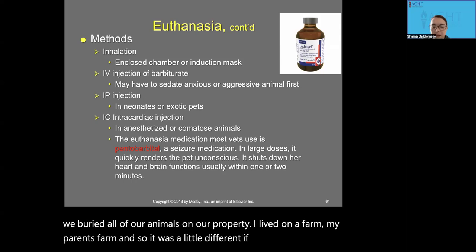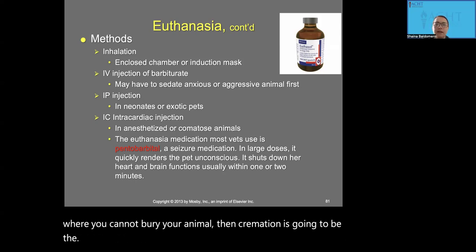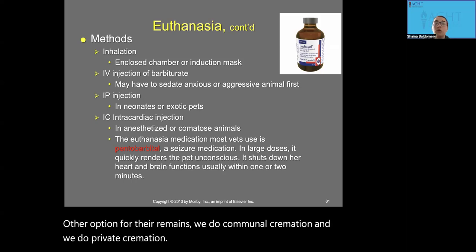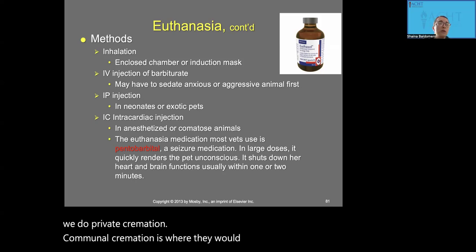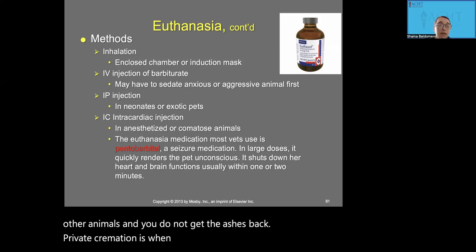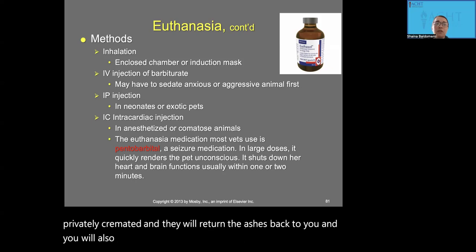If you live in a place where you cannot bury your animal, then cremation is going to be the other option for their remains. We do communal cremation and we do private cremation. Communal cremation is where they would just get cremated with other animals and you do not get the ashes back. Private cremation is when you pay more money to have your pet privately cremated and they will return the ashes back to you and you will also pick an urn for your animal.